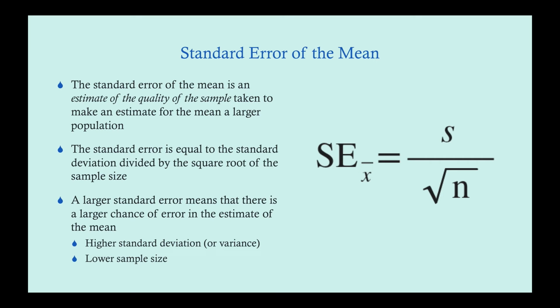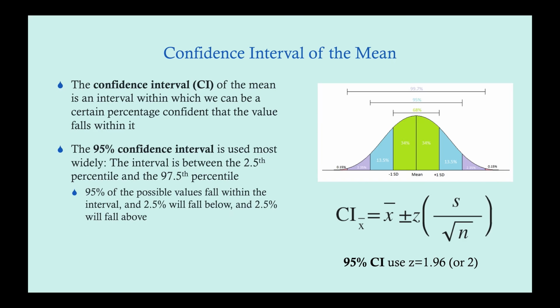Absolutely not. You only have 3 people. You're going to have a massive standard error. And this kind of gets into the margin of error that you see in polling, which tells you how accurate this data is. If you have a larger standard error or margin of error, you have to take that with a grain of salt, because it's going to be a wider range that the true value could actually fall in.